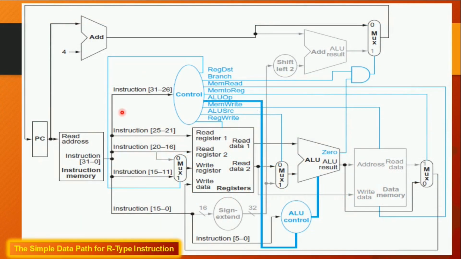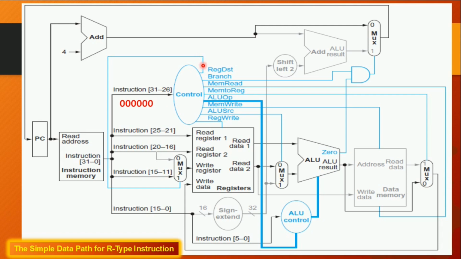Now the control unit will look at the first 6 bits, that is my opcode. Here the opcode is all 0. By seeing that, the control unit can identify that it is an R-type instruction, and based on that, control signals will be generated.